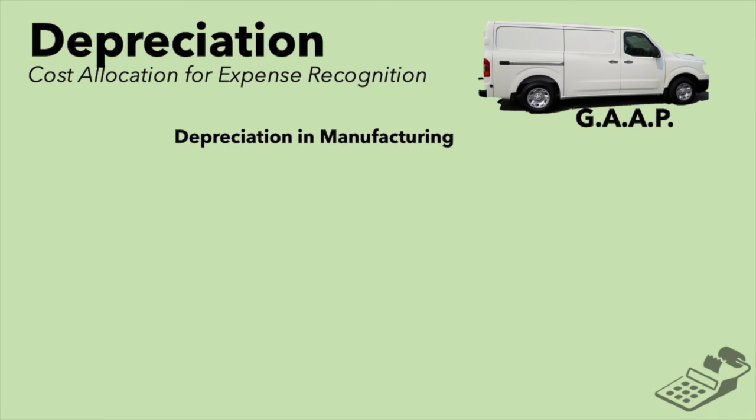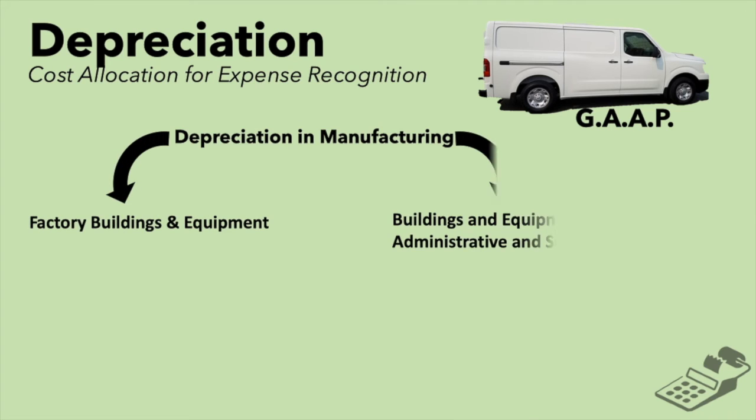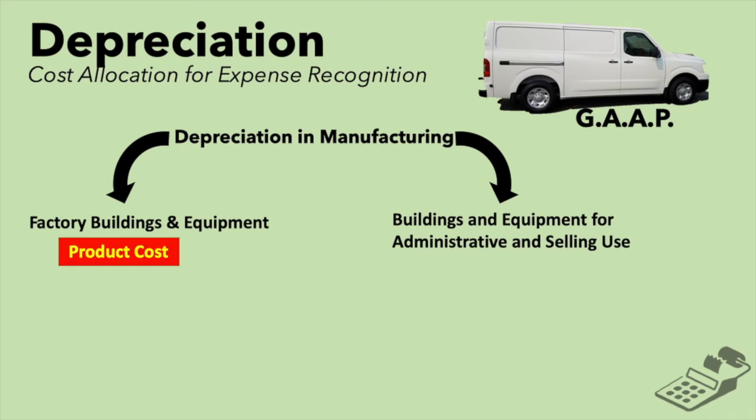Now, if I'm in a manufacturing business, depreciation is a little bit different. In a manufacturing business, depreciation depends on whether it is for factory buildings and equipment or buildings and equipment for administrative and selling use. If I have factory buildings and equipment that I'm depreciating, that depreciation is considered a product cost.